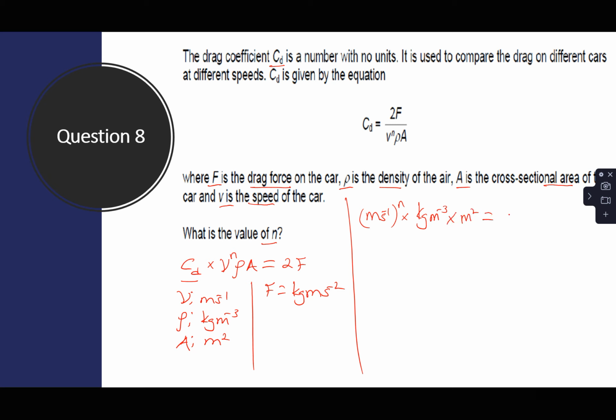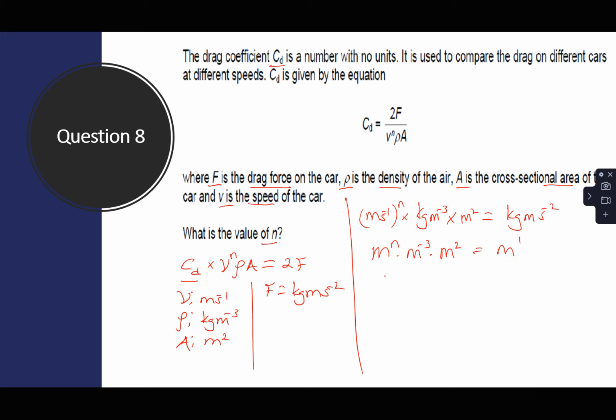This should be equal to kilogram meters per second squared. So I will just take a quantity which has N. This side, I can take m. So this side I have m power N, then times m power -3, then times m power 2. The other side I only have m power 1.